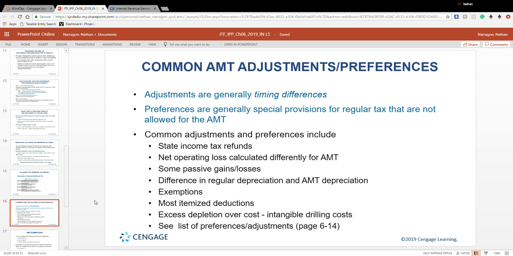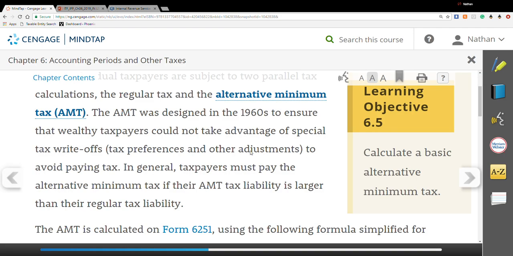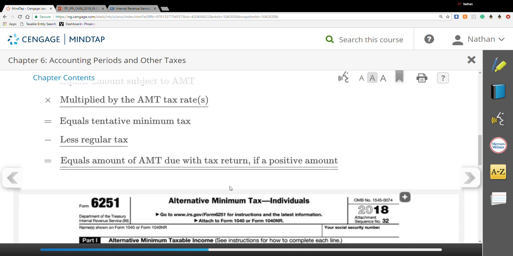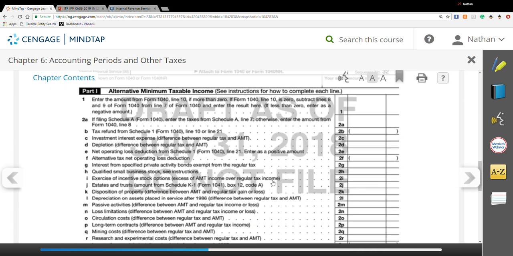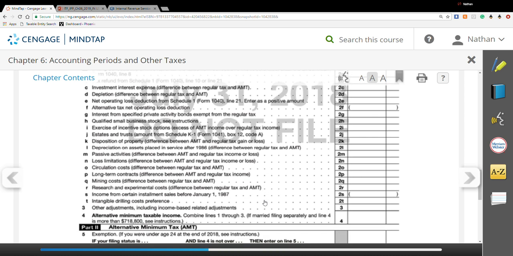Those again change with the tax law. There are some preferences that we go with, some with stocks, a little special. A lot of times we don't have a lot, but this shows a lot of stuff that we deal with on this form itself.